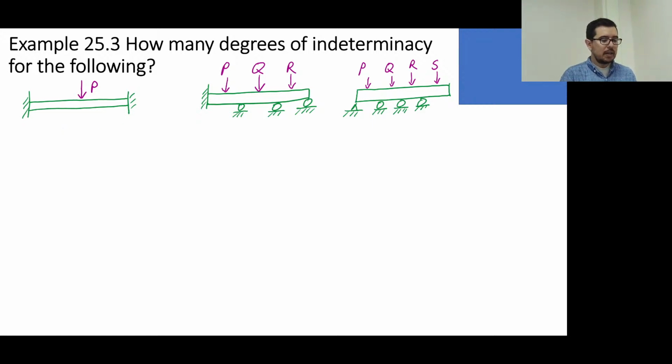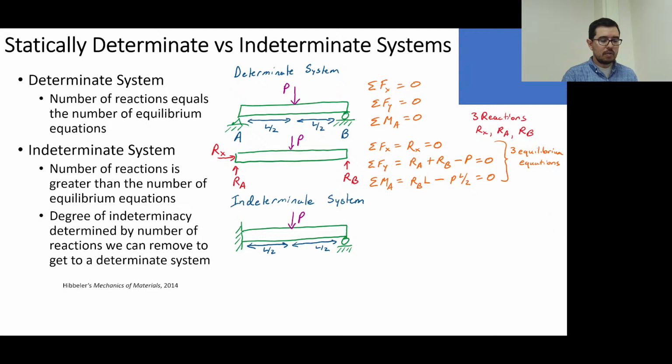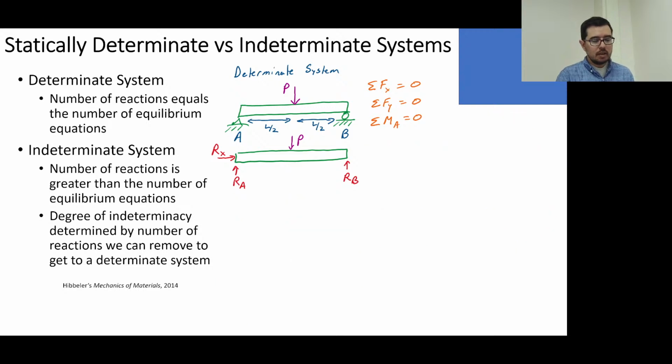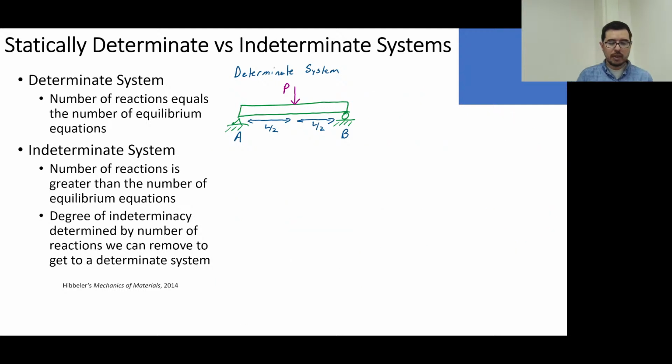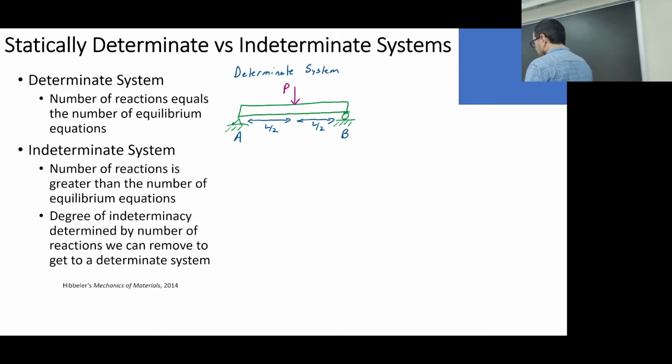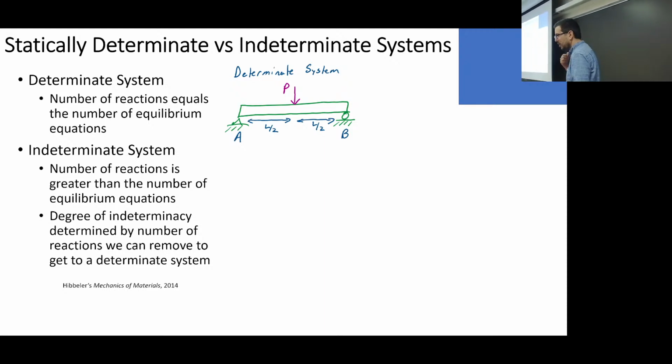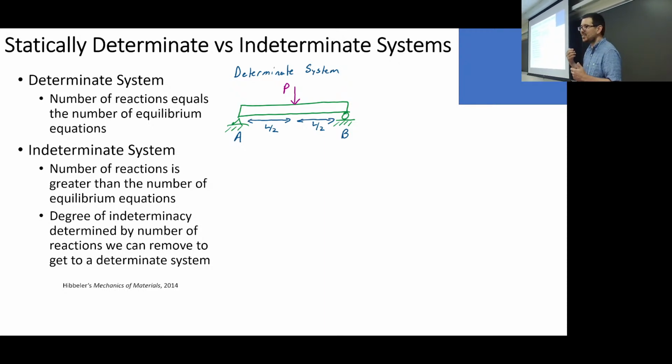So let's ask ourselves the question, going back here: how could we convert it to a determinate system? Well, blast, it's already a determinate system, so we don't have to do anything. But when we're trying to convert to a determinate system, what we're thinking about is removing a constraint. It's over constrained.